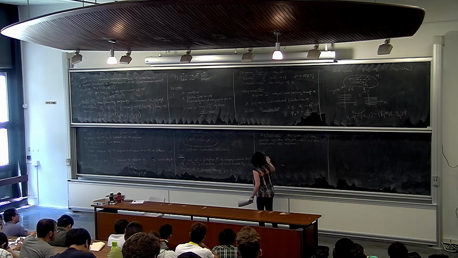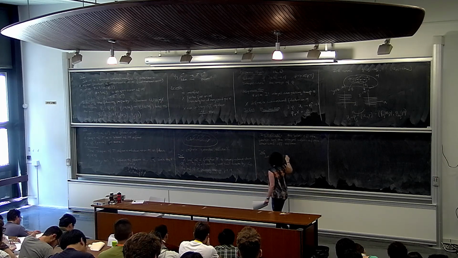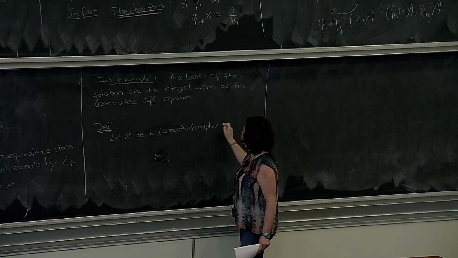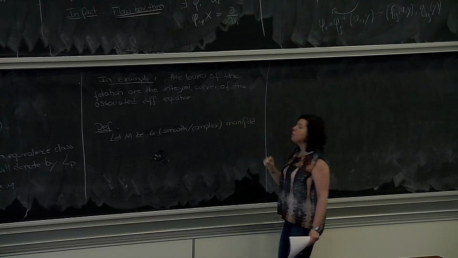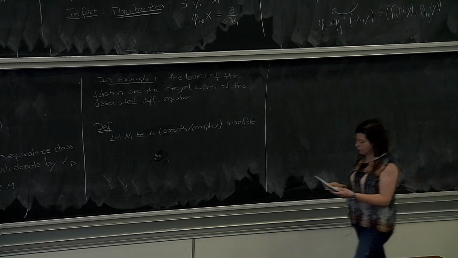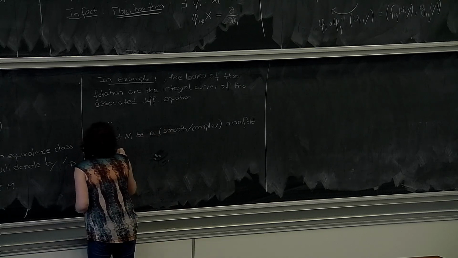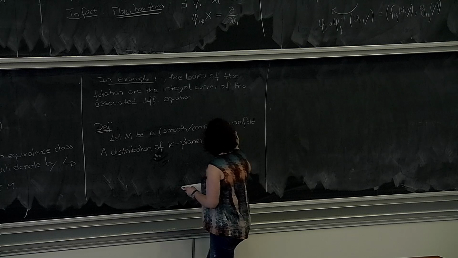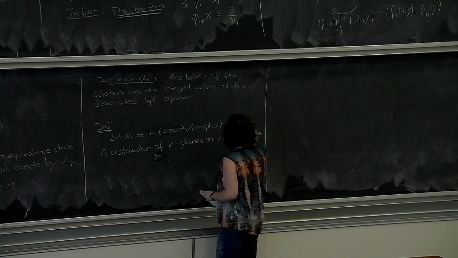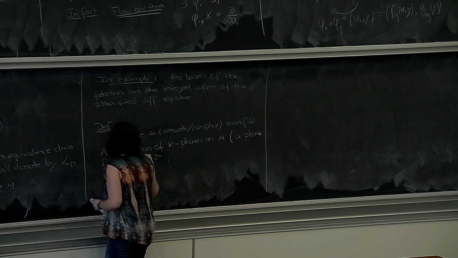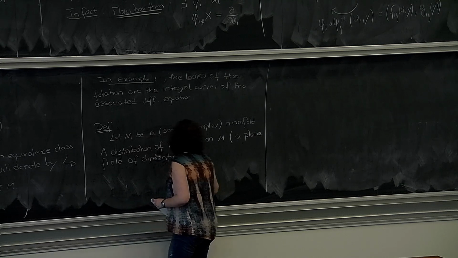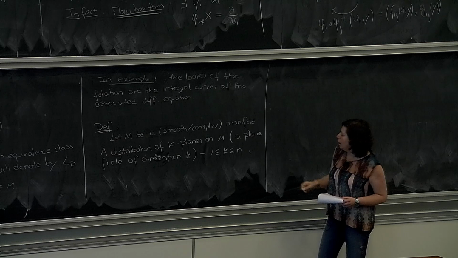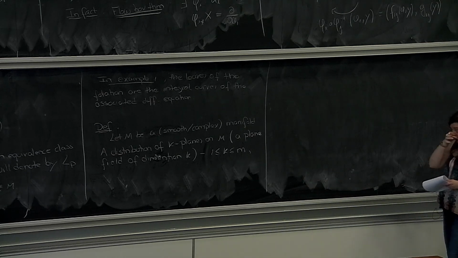Again, let M be a smooth or a complex manifold, and I'm going to define a k-distribution on M. A distribution of k-planes on M, or if we prefer, a plane field of dimension k, where k is a number between 1 and m. The dimension of M was m.